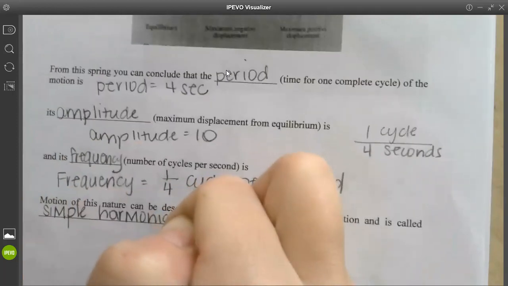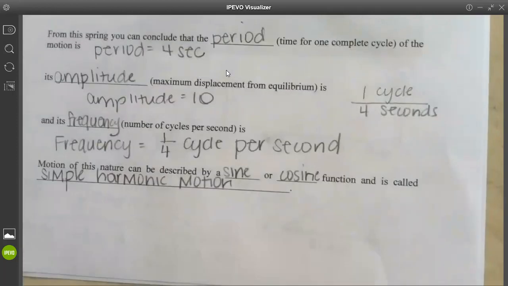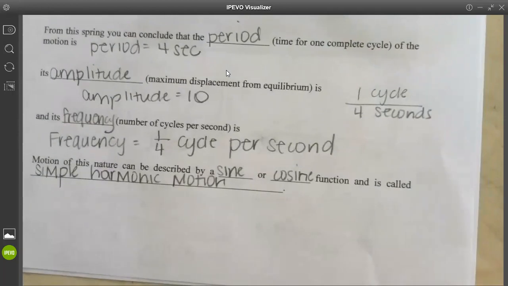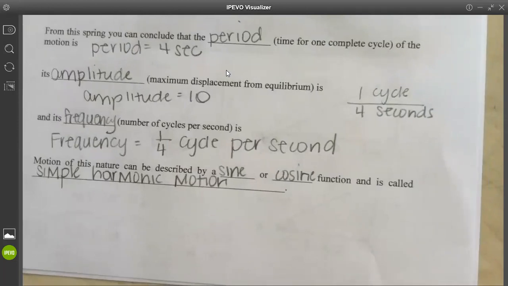If you take physics, you'll work with simple harmonic motion. We're almost done, I promise. We're not doing any problems with simple harmonic motion.